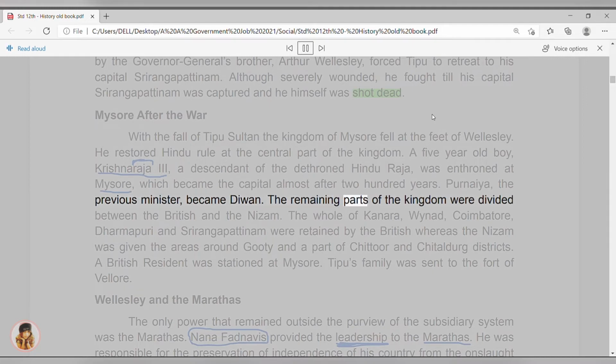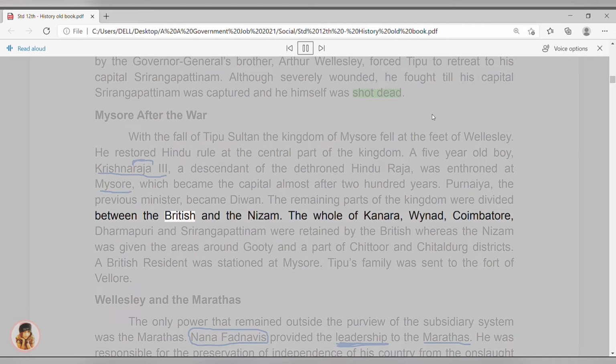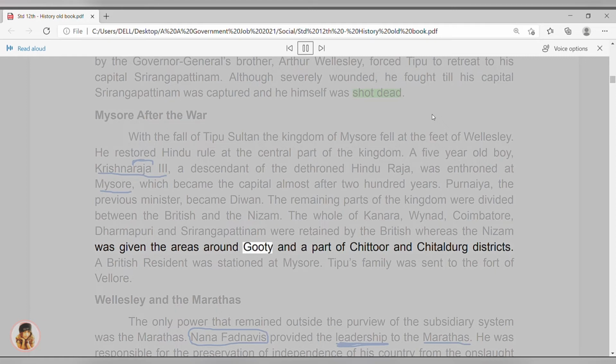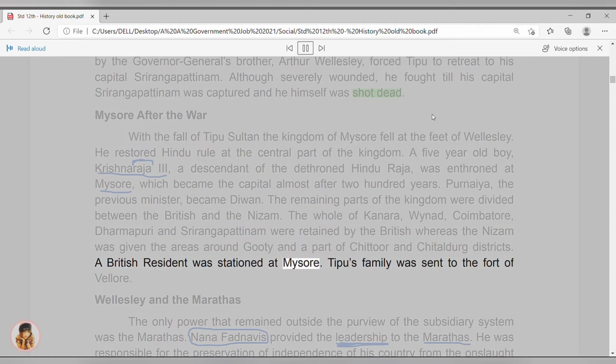The remaining parts of the kingdom were divided between the British and the Nizam. The whole of Kanara, Wayanad, Coimbatore, Dharmapuri and Srirangapatnam were retained by the British, whereas the Nizam was given the areas around Gooty and a part of Chitradurg districts. A British resident was stationed at Mysore. Tipu's family was sent to the fort of Vellore.